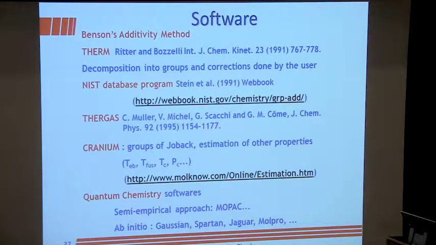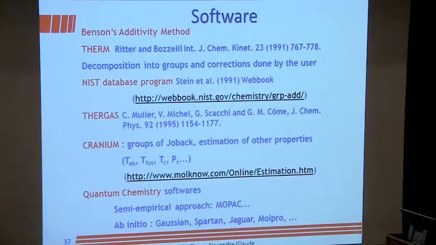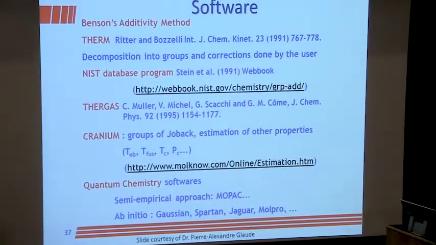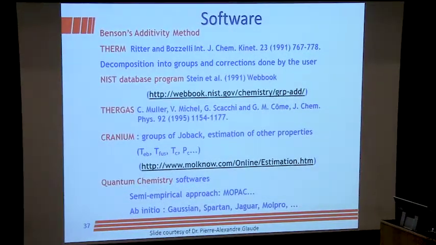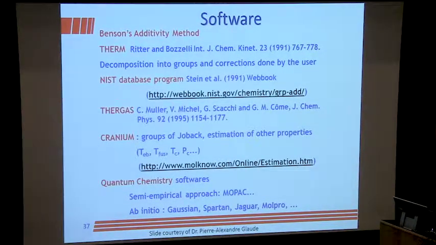So the software, as I said, I had this slide a little bit earlier, but the software I like to use still is THERM. There is a program online on the NIST database that you can generate thermochemistry using it. Again, it uses group additivity. There's the Thurgas code, there's Chromium also available.